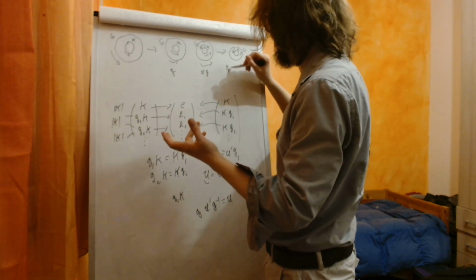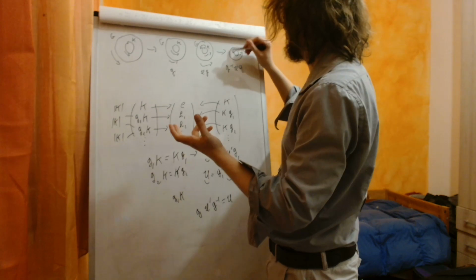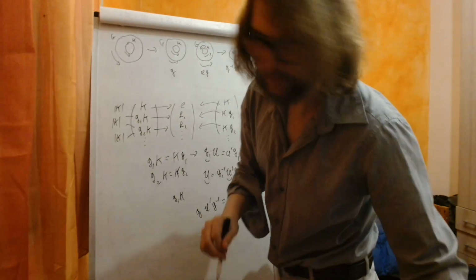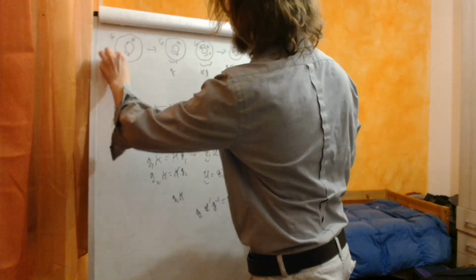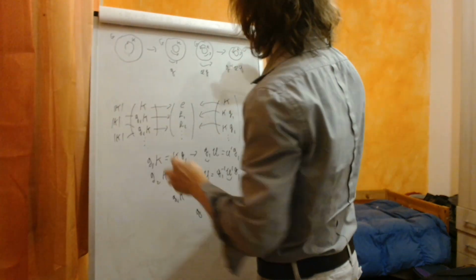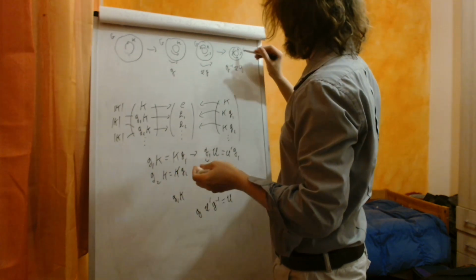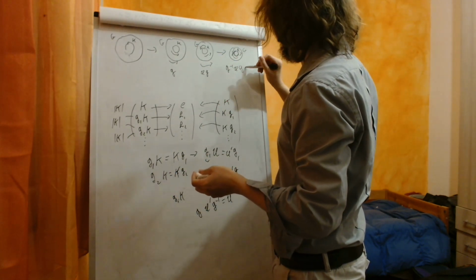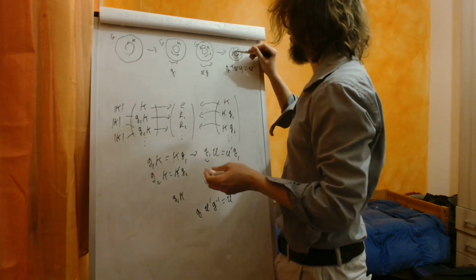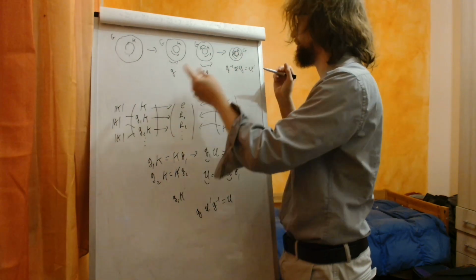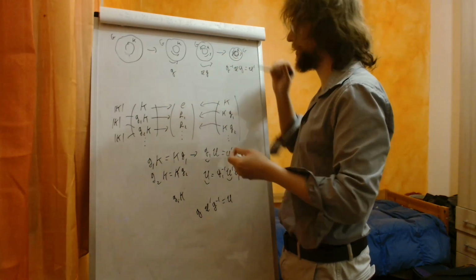So doing g to the minus 1 Kg gives here nothing, exactly like here there was nothing, and you end up with an element K prime. So it is as if you had done only an action inside K.